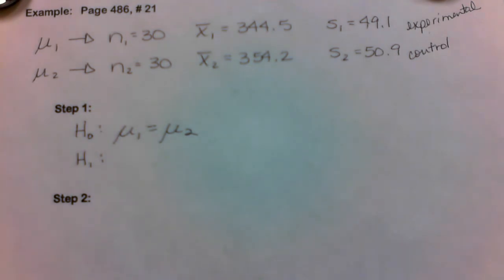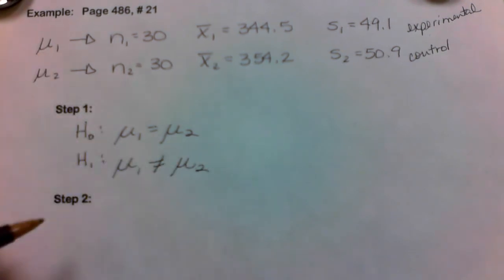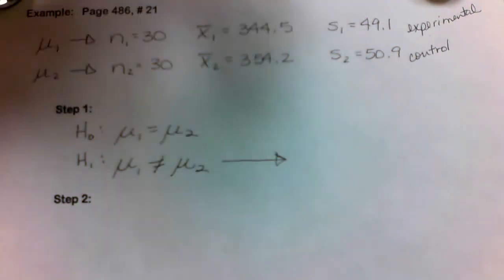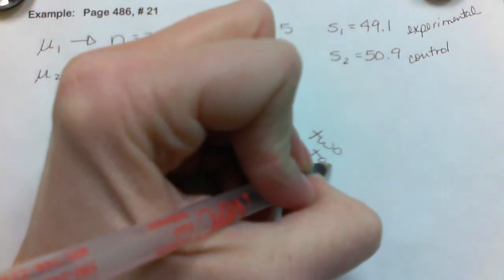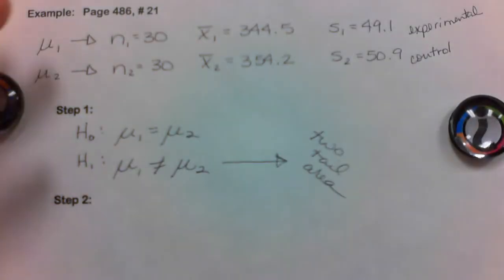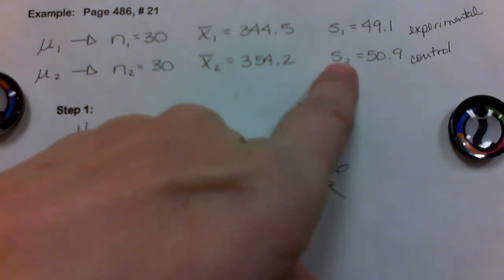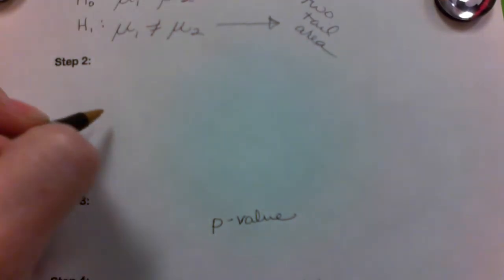The last sentence says to use a 5% level of significance to test the hypothesis that there was no difference. So that tells me mu1 is not equal to mu2. And since the alternate is not equal to, I am going to use a two-tail area on the student's t-distribution. Then for step 2, because sigma is unknown and we have a sample statistic of s, I'm going to calculate a t-value.